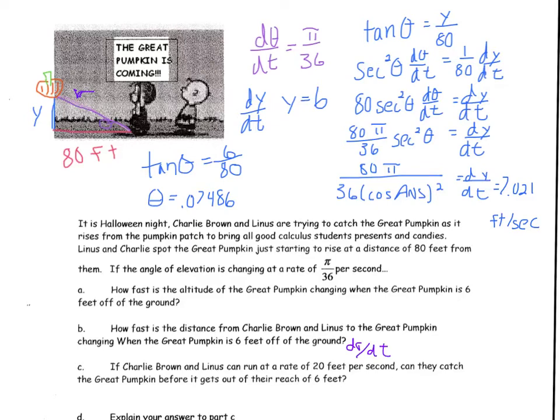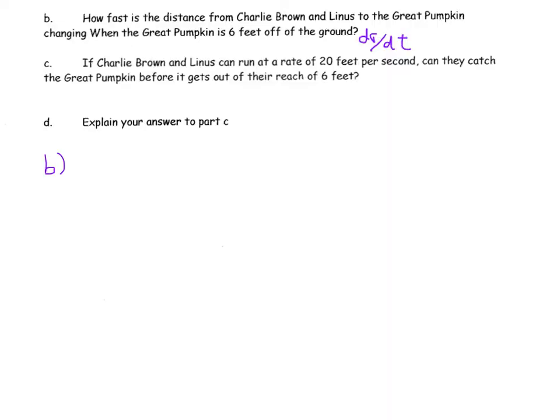So in order to do that, we're going to need to create a different trig equation. Or actually, we can just solve for r when y equals 6, and then we can find theta, and we still will need to solve for dr dt. So in this case, since we want to solve for dr dt, we're going to need an equation with an r in it. So we can use that the cosine of theta equals 80 over r.